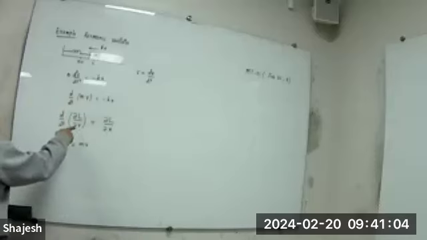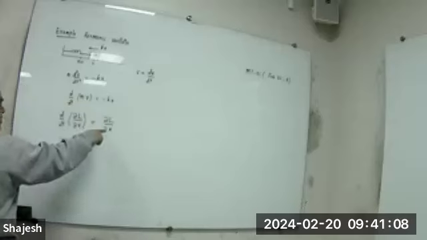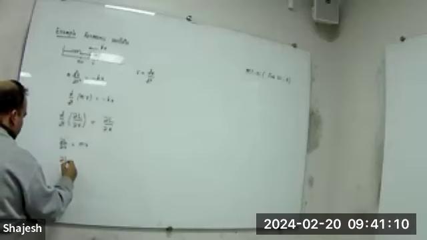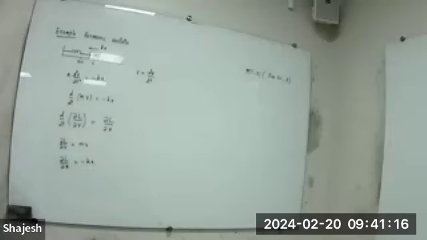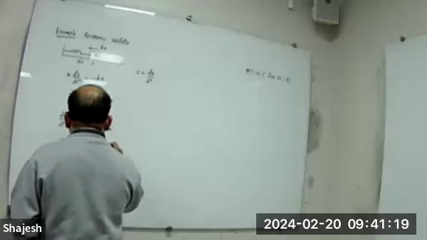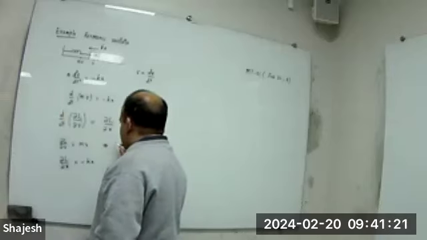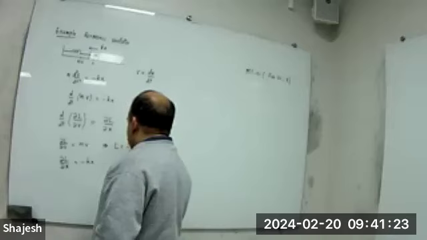So the derivative of the Lagrangian with respect to velocity is mv, and we also have dL by dx equal to minus kx. Immediately you say that a possibility is that L is equal to half mv squared.